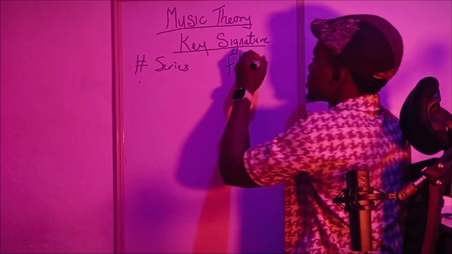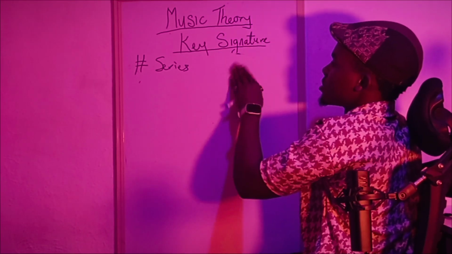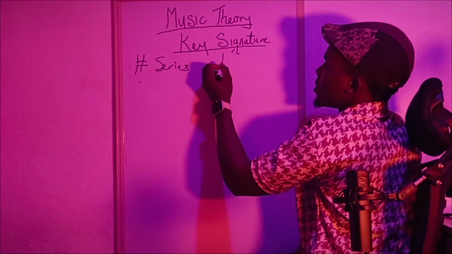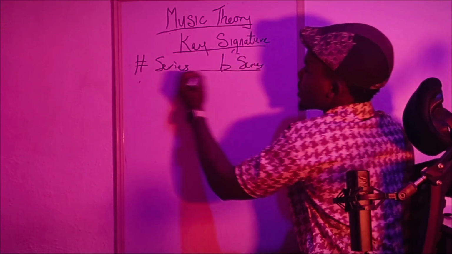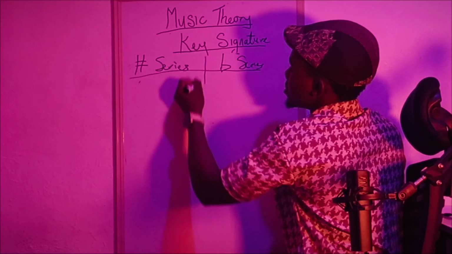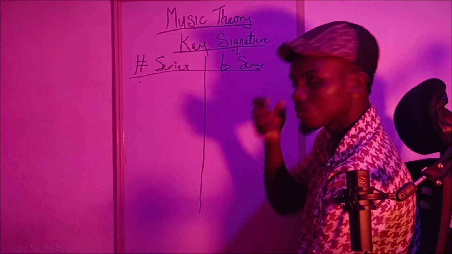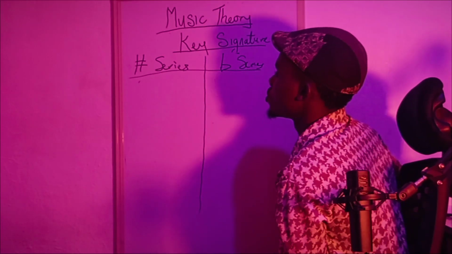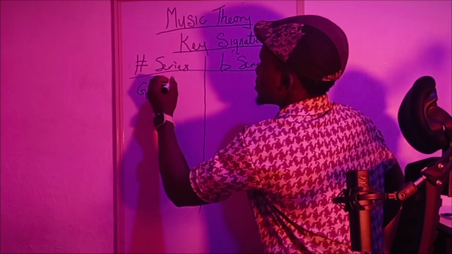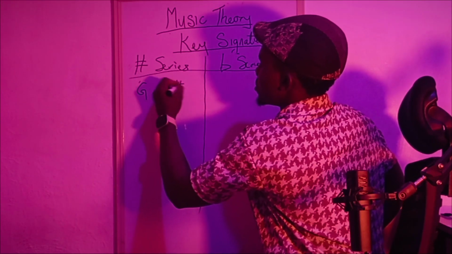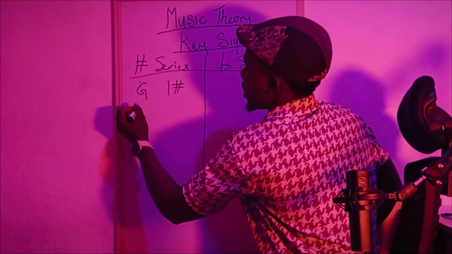Now we'll be looking at the keys and the numbers of sharps. G has 1 sharp.